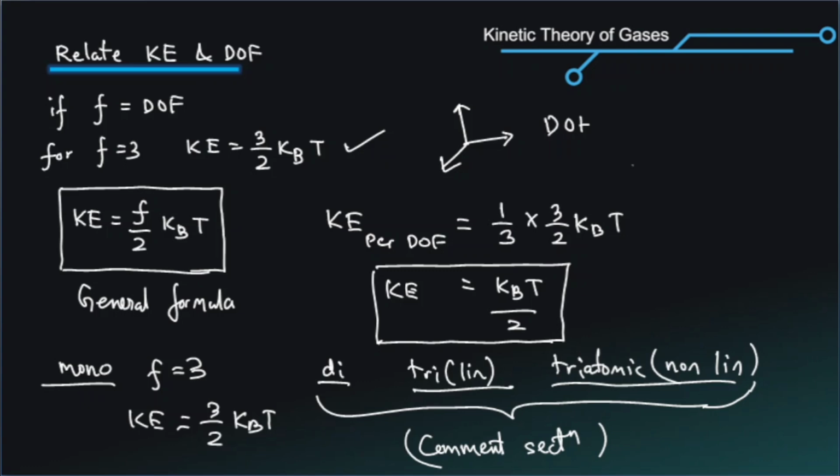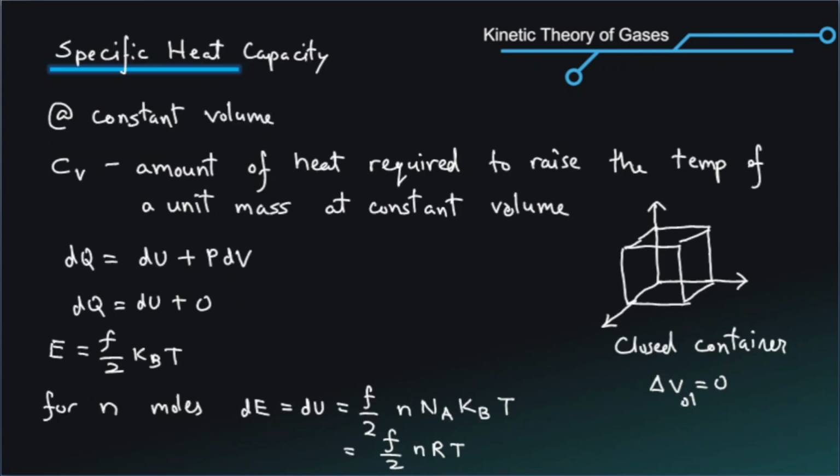Now, the next part is specific heat capacity. If you remember whatever you have learned in 10th, while going into less details, specific heat capacity is the amount of heat required to raise the temperature of a unit mass by 1 degree Celsius, or say 1 degree Kelvin.